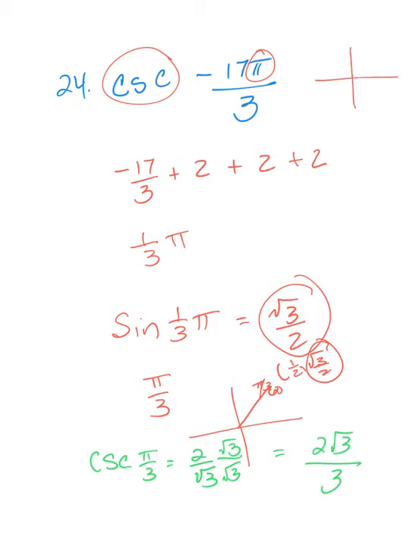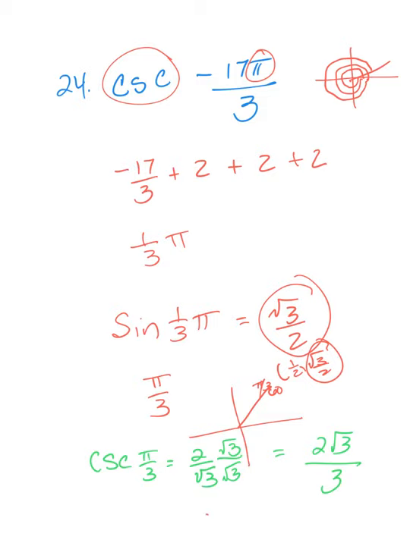If I'm graphing negative 17/3 pi, I'm going around once, and that's 6/3, because 2 pi is 6/3. I go around twice, and that's 12/3. And I go around a third time, and that would be 18, but I only need to go to 17. So it's 1/3 short of 18/3.